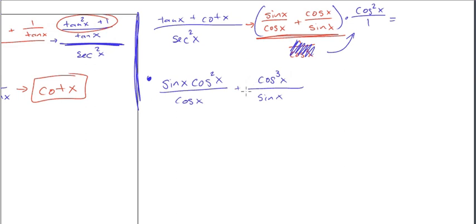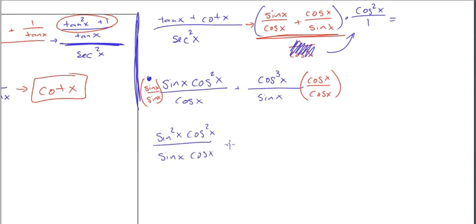And so we've got these 2 fractions, but we need to have common denominators. So multiply the first one by sine of x over sine of x, and the second one by cosine of x over cosine of x. That way we'll have a common denominator of sine and cosine. So this will give us sine squared of x cosine squared of x over sine x cosine x, plus cosine of x to the fourth over sine x cosine x.